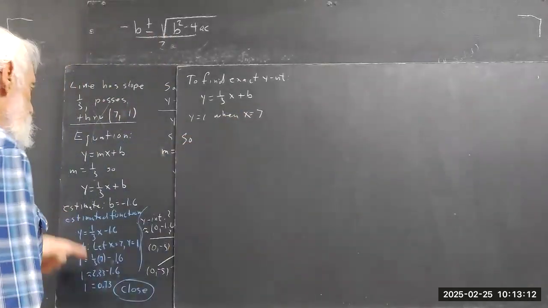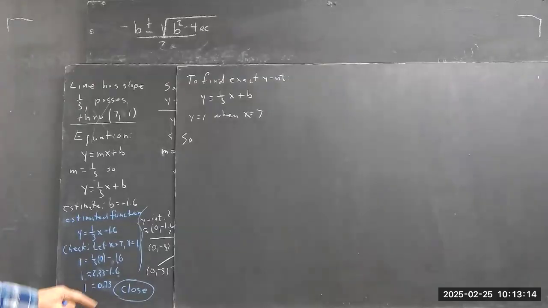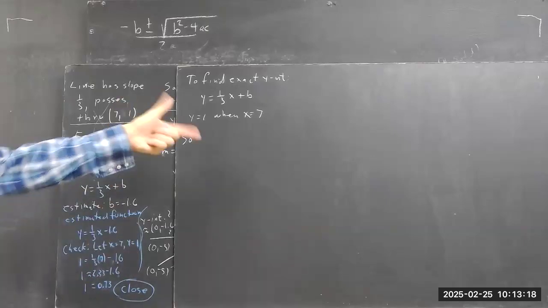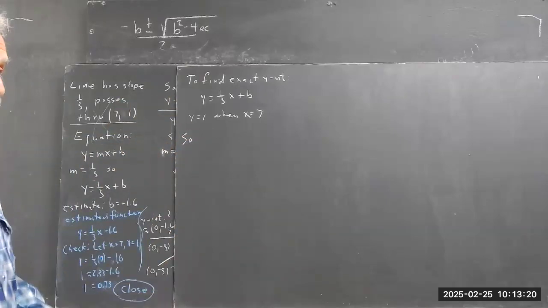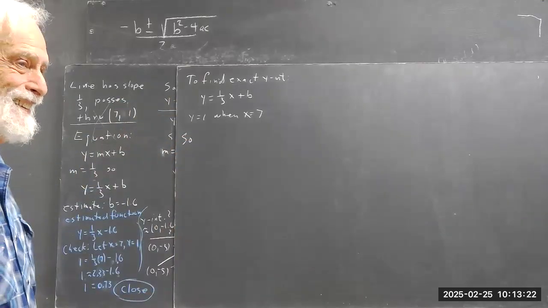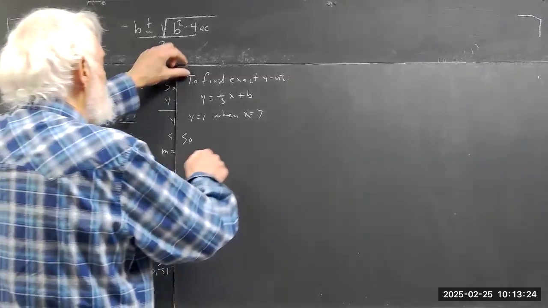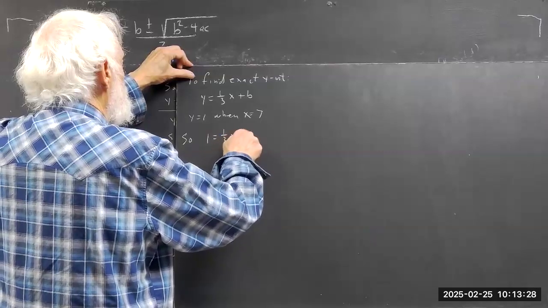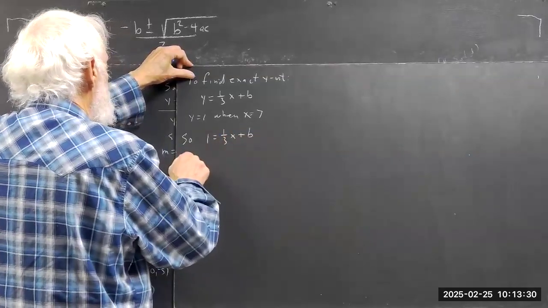So we're going to do the same thing we did here, but we're not going to use an estimate for b. We're just going to let b stand for b. Okay. So we're going to get 1 equals 1/3 x plus b.